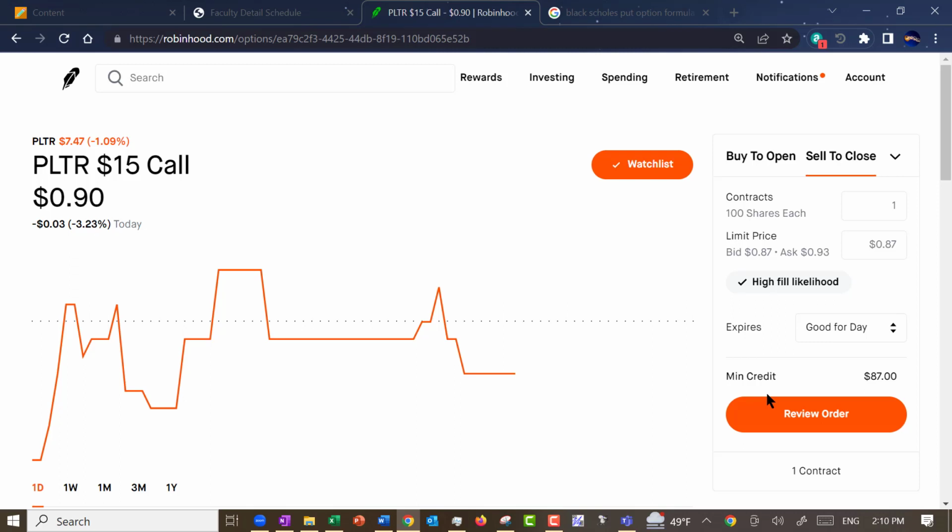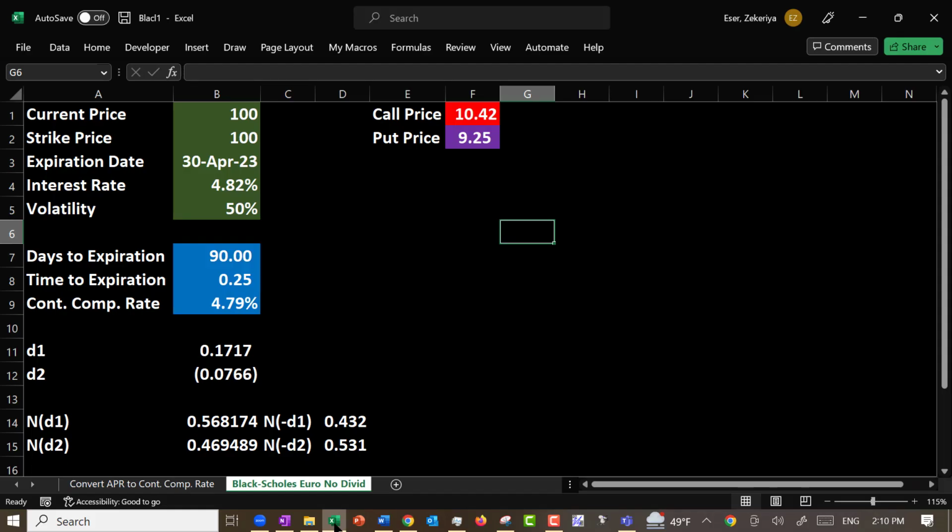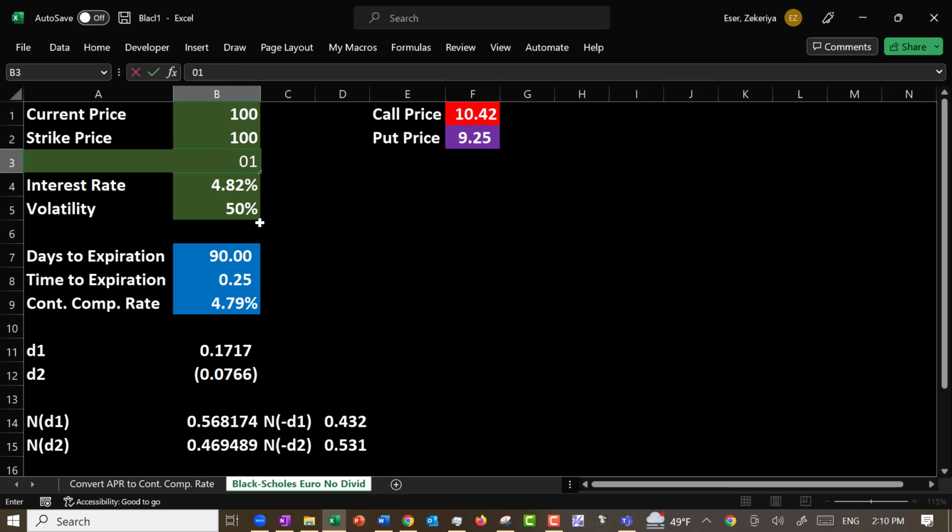Assuming that all the other parameters are correct, that's the value of volatility that gives you a 90-cent price. That's what's called implied volatility. But for now, let's enter this. Expiration date is 2025.